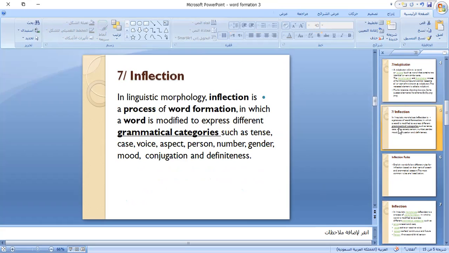Inflection. Actually, you have an idea, or in the first lecture we talked about inflectional morphemes, which carry or refer to the grammatical formation of language.